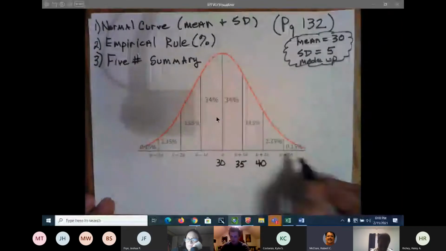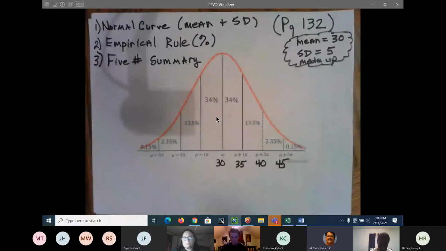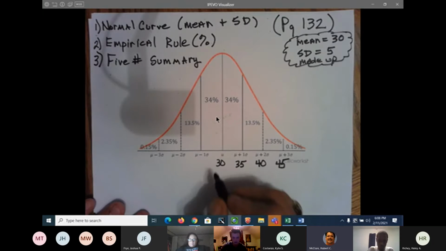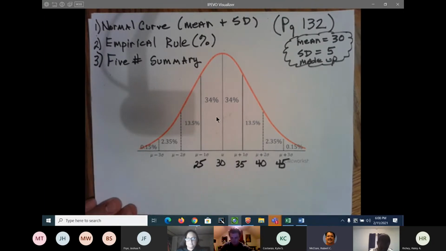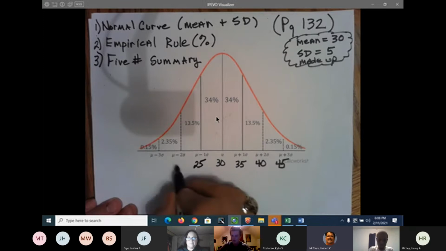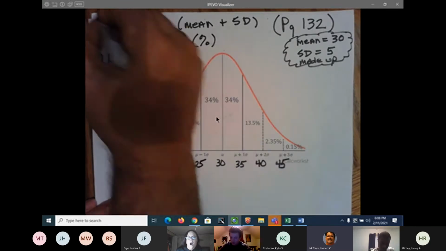And 40 plus 5? 45. Now, if we add on the right-hand side, what do we do on the left-hand side? Subtract. So what's 30 minus 5? 25. What's 25 minus 5? 20. And what's 20 minus 5? 15. And we just did number 1.